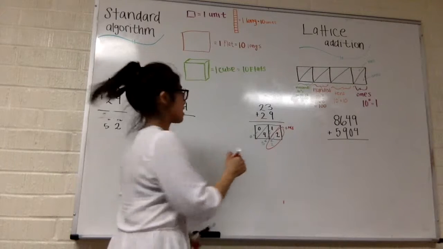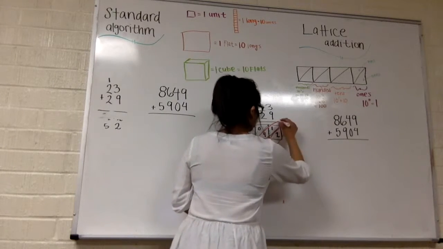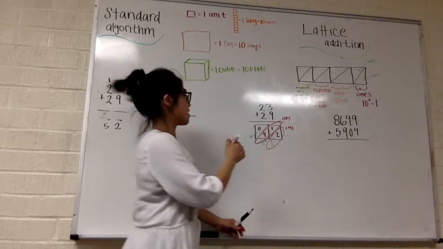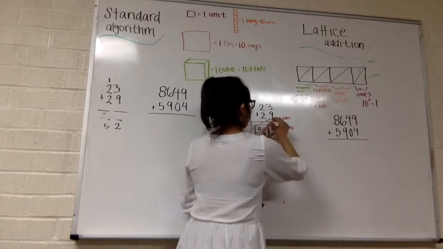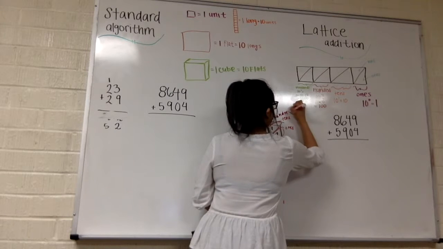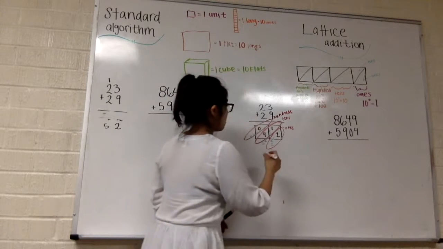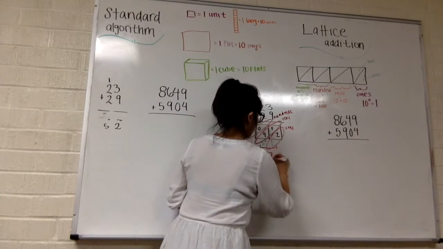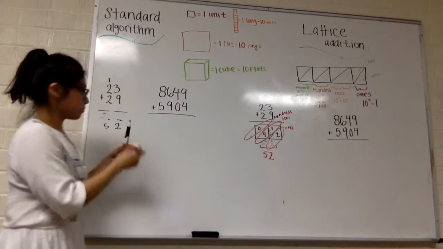And then when adding diagonally here, we have the tens place. You can see here. And then lastly here, we have the hundreds, which we're not working with at the moment, but we will. So here we get the resulting answer of just 52, which we can see here.